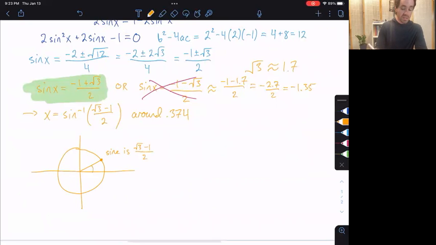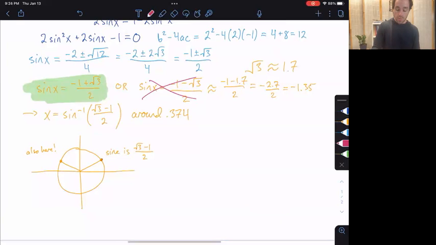I don't know what this angle is, and I don't care. I just know that sine is equal to √3 minus 1 over 2 somewhere in the first quadrant. There's another time it's equal to that, and that's in the second quadrant. But think about it. What angle is associated with each one of these?